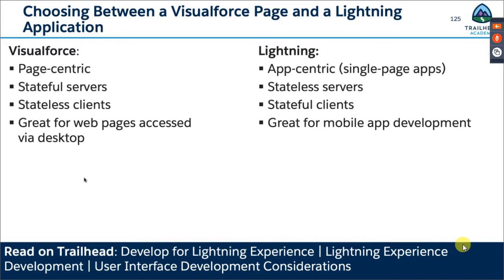So the servers are basically dumbed down servers, and the clients are very smart. It is great for mobile application development because once you have your application running, it doesn't have to go to the server through the 3G network connection to get the data you're trying to see.